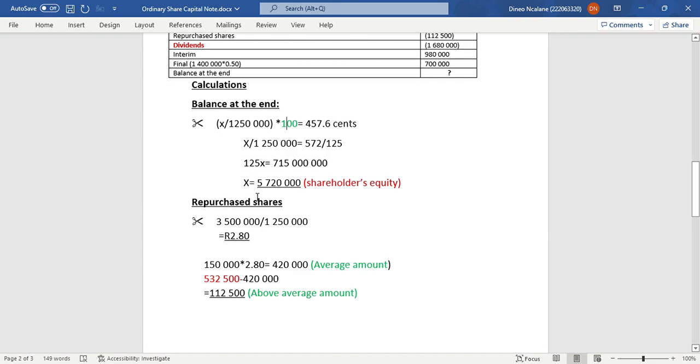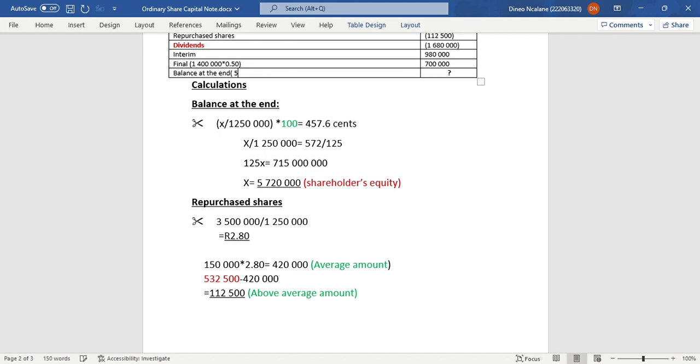Here you are left with X, and on this side you are left with 5,720,000, which is your shareholders equity, which includes your balance for the retained income and your balance for the ordinary share capital.